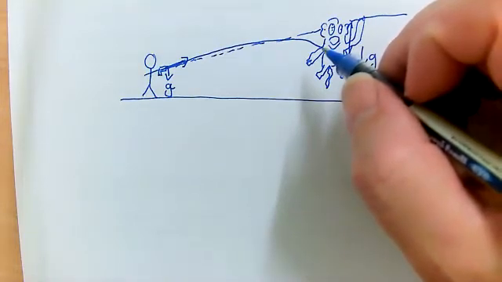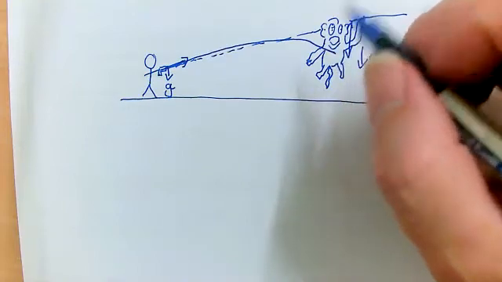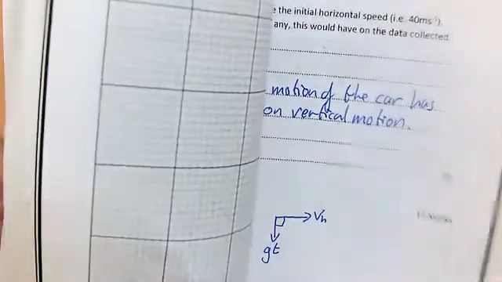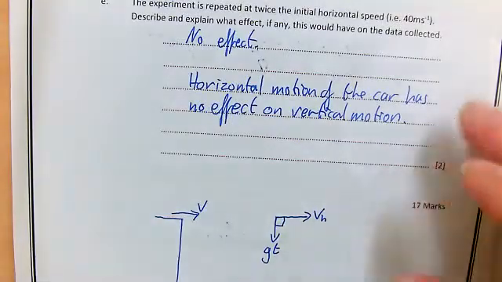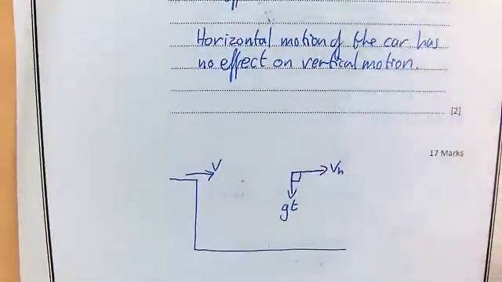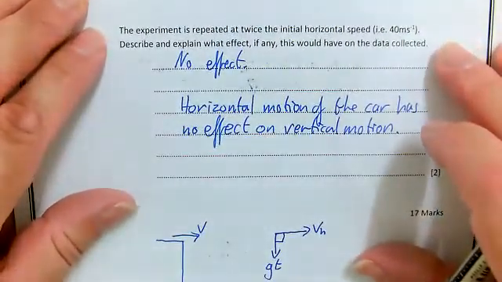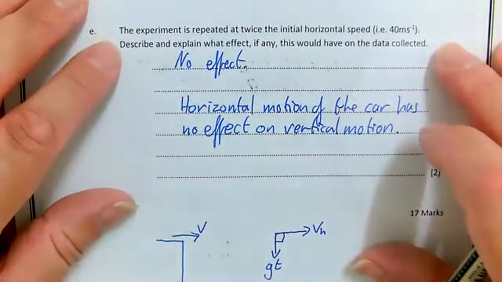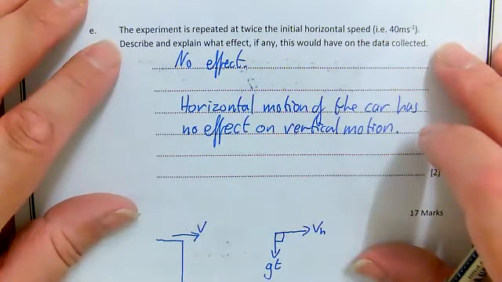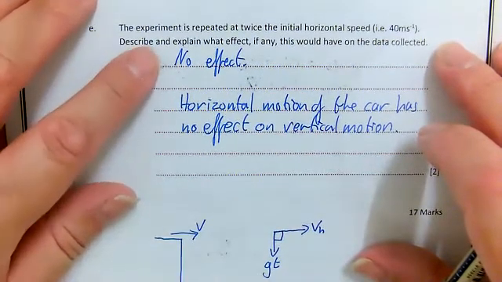So, Gary, what's the answer to the question? The exact answer to that question, I'm going to find it again. The question says the experiment is repeated with twice the horizontal speed; describe and explain what effect, if any, this would have on the data collected. It has no effect.